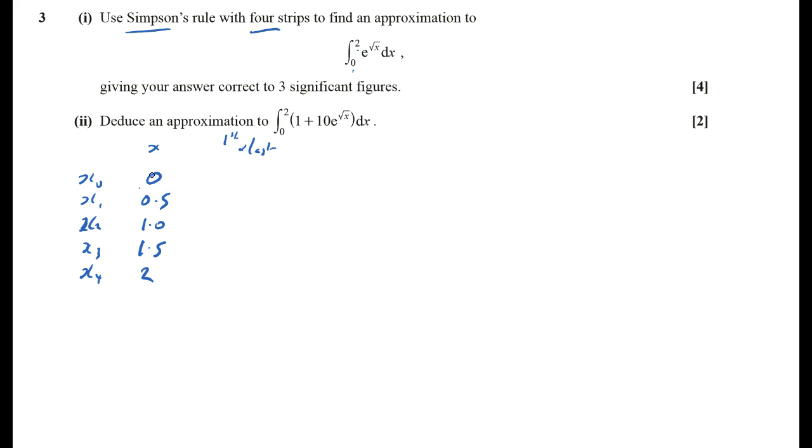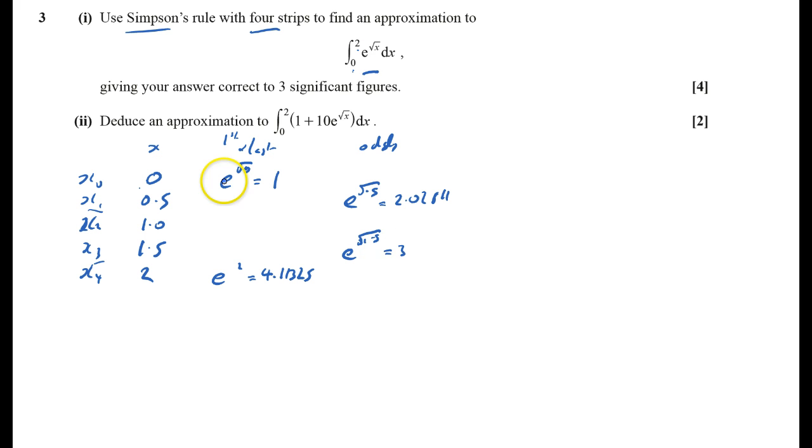So the first one's x0, and the formula is e to the root x, so that'll be e to the root 0, which equals 1, and the last one is e to the root 2, which equals 4.11325. Then I've got the odds, and the odds are x1 and x3, so this will be e to the root 0.5, which equals 2.02811, and it'll also be the x3 one, which is e to the root 1.5, which equals 3.40329.